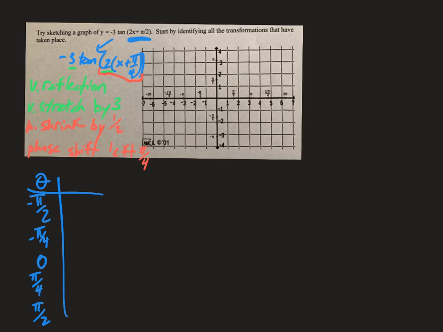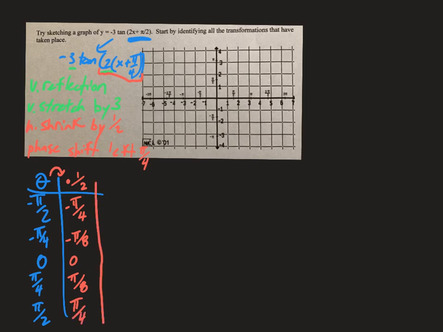All right, and let's go ahead and handle these horizontal transformations. Those are the ones I wrote in red. They affect the x values. And I'm going to start with my horizontal shrink because we multiply before we add or subtract. So I'm going to go ahead and say, hey, let's multiply by 1/2. All right, and that's going to give me negative pi over 4, negative pi over 8, 0, pi over 8, and pi over 4.